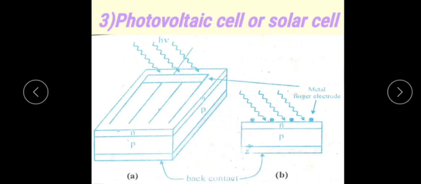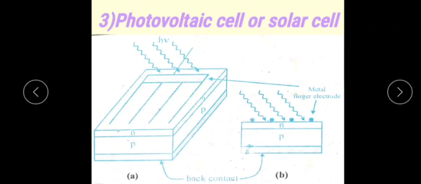When light of suitable frequency is incident on the open circuit of a solar cell, an EMF is produced across its terminals. That is the photovoltaic effect. The photodiode is also based on the photovoltaic effect.